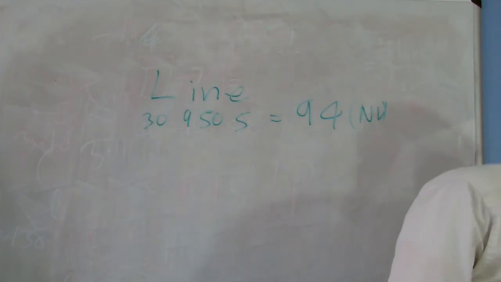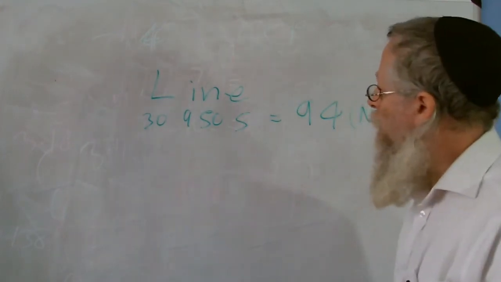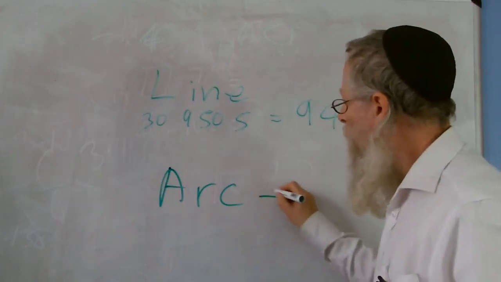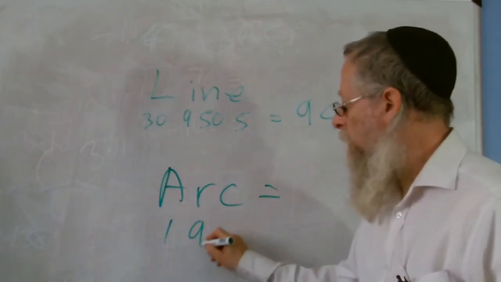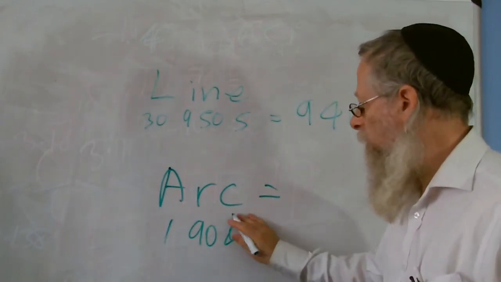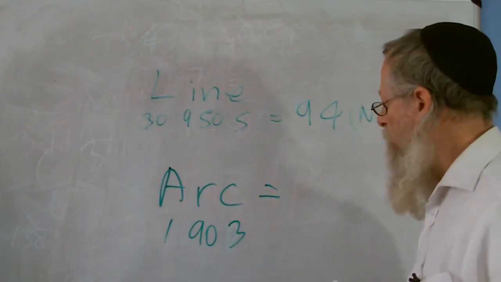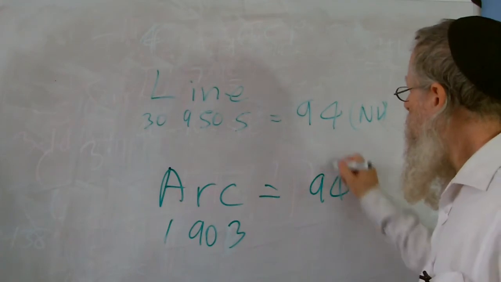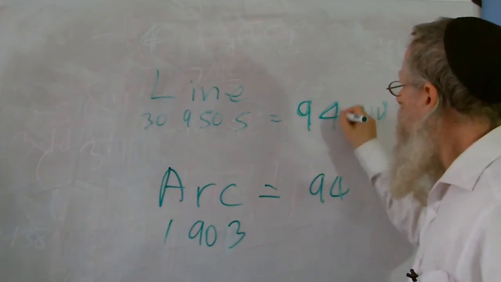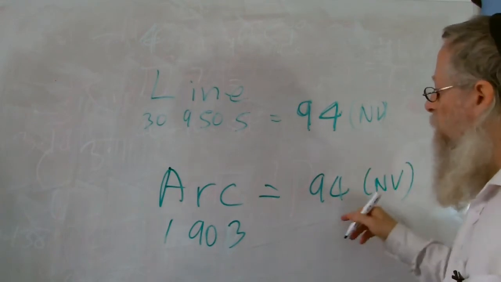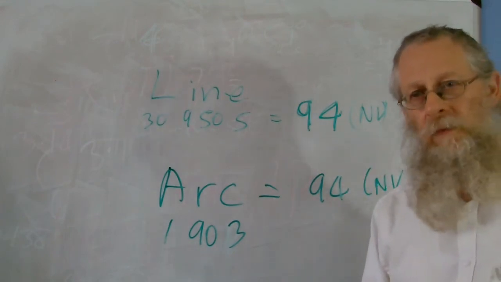Wait a moment. Try this one. And then we have an arc. Oh, that's better. Arc is 1, that's 90, and that's 3 in terms of normal values, which is 94. So we see that both line and arc in normal values are the same, 94.